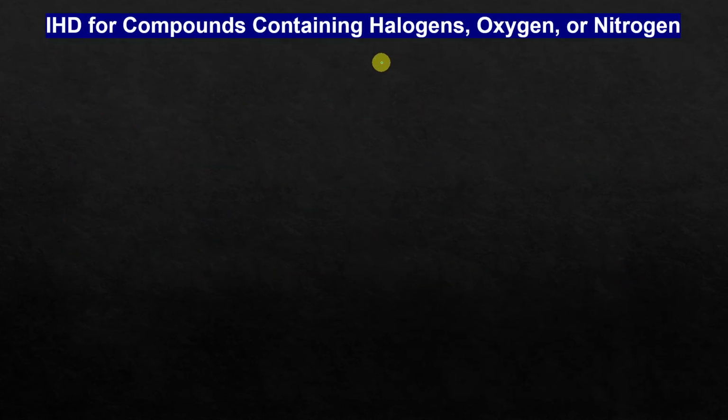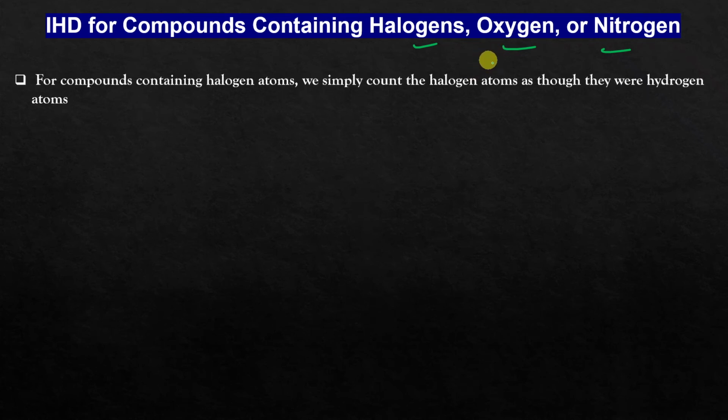Now there are some other problems: how you could determine the index of hydrogen deficiency for compounds that contain halogen, oxygen or nitrogen. There are some rules that you have to follow while calculating the IHD for these types of compounds. For halogen, you simply count the halogen as a hydrogen atom. Let's take an example.